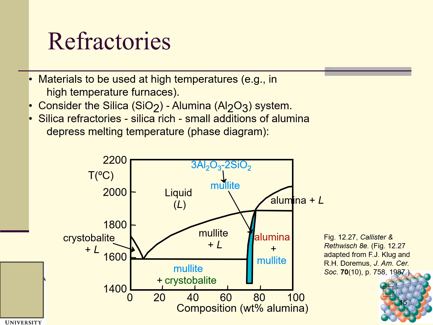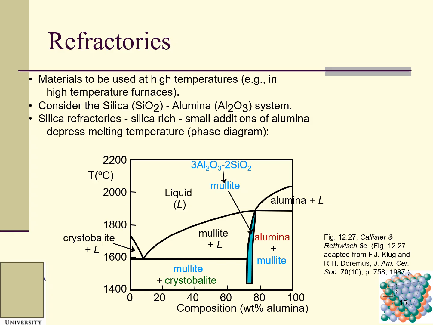And then we talk about refractories, which is another category of ceramic materials. As the name suggests, refractories have very, very high melting temperatures. They are materials used at high temperature, for example, in high temperature furnaces.